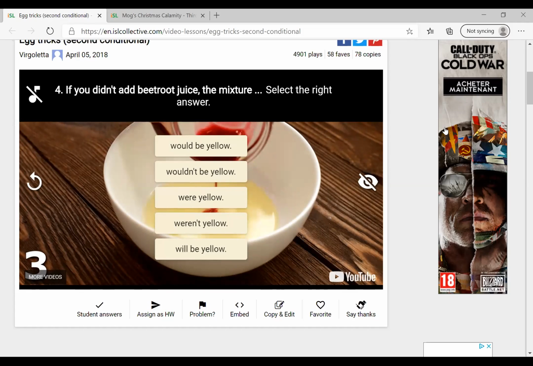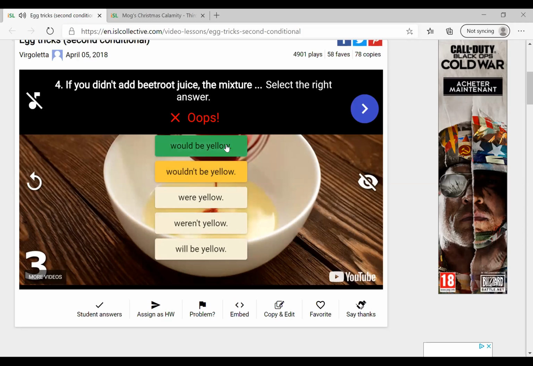Who wants to try? Nathalie: If you didn't add beetroot juice, the mixture would be yellow. Yes, would be yellow. If you didn't add it, it would be yellow, but if you add it, the mixture would be red. The most important thing is would. Good.